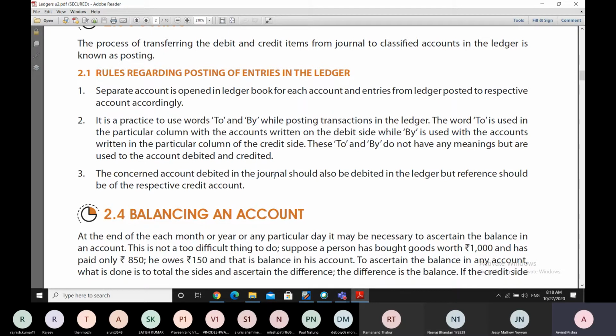For example, if it is written bank account debit 5,000, that means bank account is the account in the ledger on the debit side of which we will make an entry. So when we are making the entry on the debit side, we say that we are debiting that account. But while making the entry, the words will carry the information about the credit account.